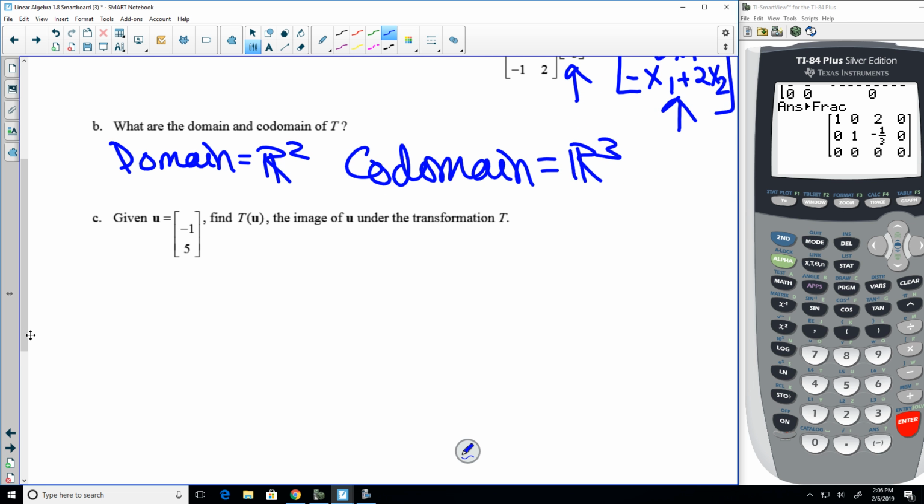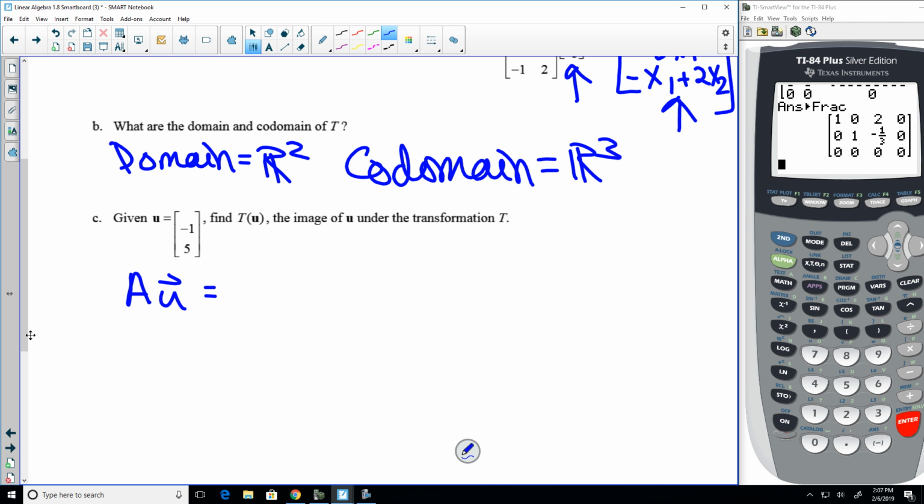Okay, given this u, find T of u, which is going to be called the image of u under the transformation T. So if I have this u and I want to find T of u, I want to transform this R2 vector into an R3 vector. What do I do? I multiply A times u. Right? It's a matrix transformation.